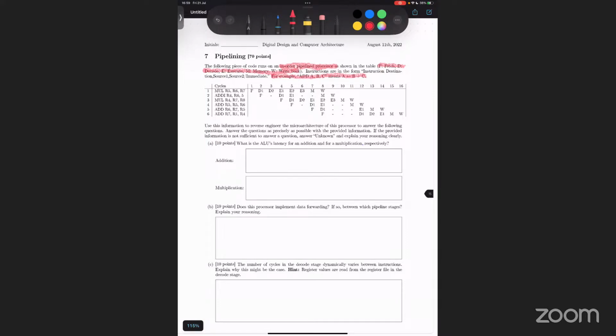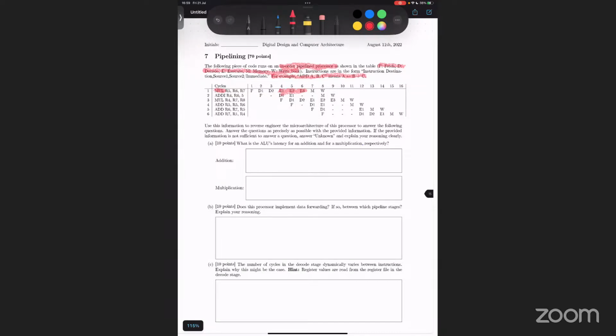So we can take a look at the pipeline diagram that corresponds to each of the instructions. We can see that for a multiplication instruction, we have 3 stages in the execution stage.